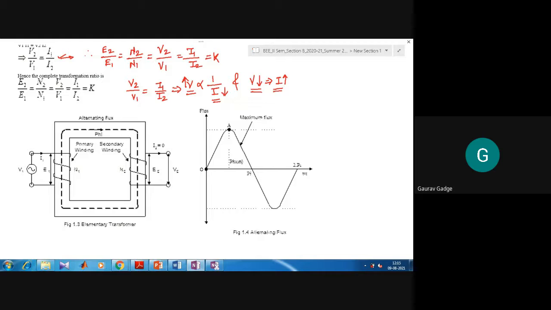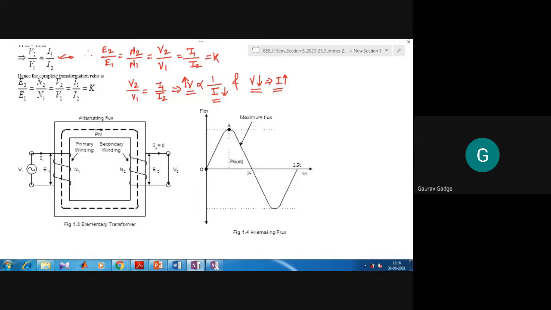Okay. So we have derived the expression, and finally we are getting E1, RMS value of voltage or EMF. E1 is equal to 4.44 F phi m N1. E2 is equal to 4.44 F phi m N2. Now to get the transformation ratio, we have divided E2 by E1. Therefore, we are getting N2 upon N1. Then if voltage drops are neglected, E1 equal to V1, V2 equal to E2.